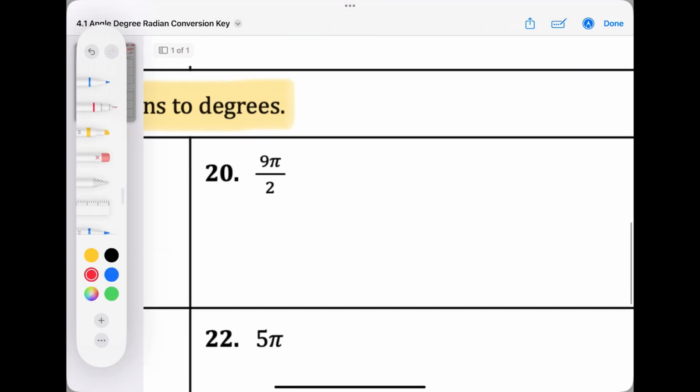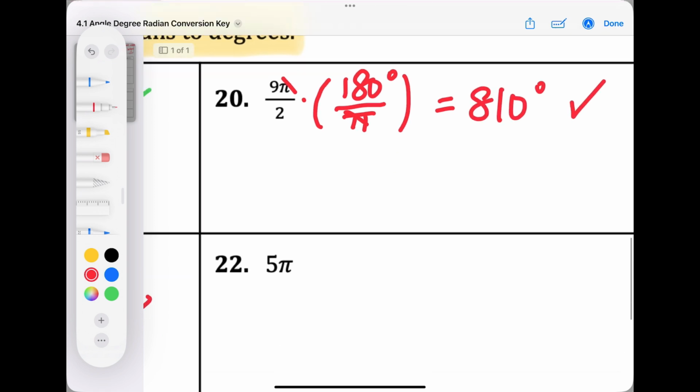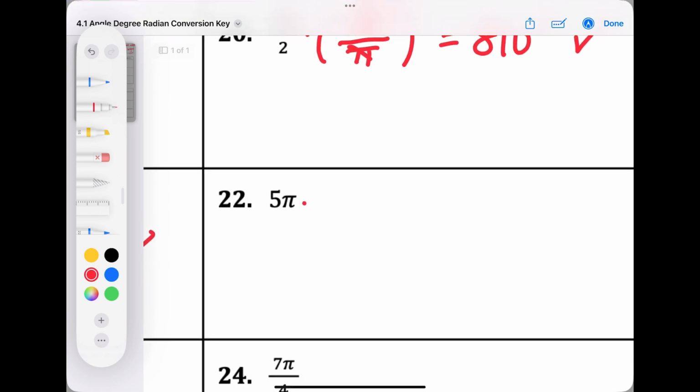So moving on. 9 pi over 2, I want to change that to a degree. So I don't want to see pi, so the pi had to be at my denominator. So housekeeping, when you cancel everything out, we get 810 degree. All right, 5 pi. Okay, same thing. I don't want to see pi, so I need to times 180 over pi. When you do the housekeeping, what you see is what you got.